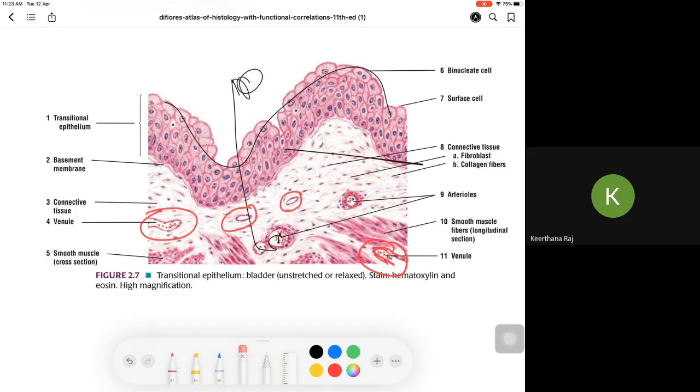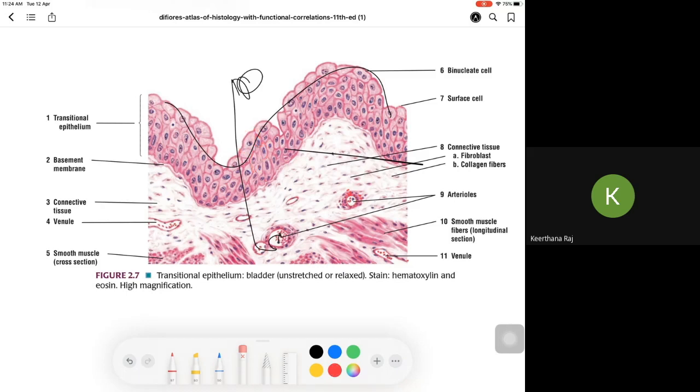Umbrella cell. Super. That's why they are known as umbrella cells, because they cover. For example, this one cell is covering this cell, this cell, this cell. 3 cells it is covering. That's why it is known as umbrella cells.